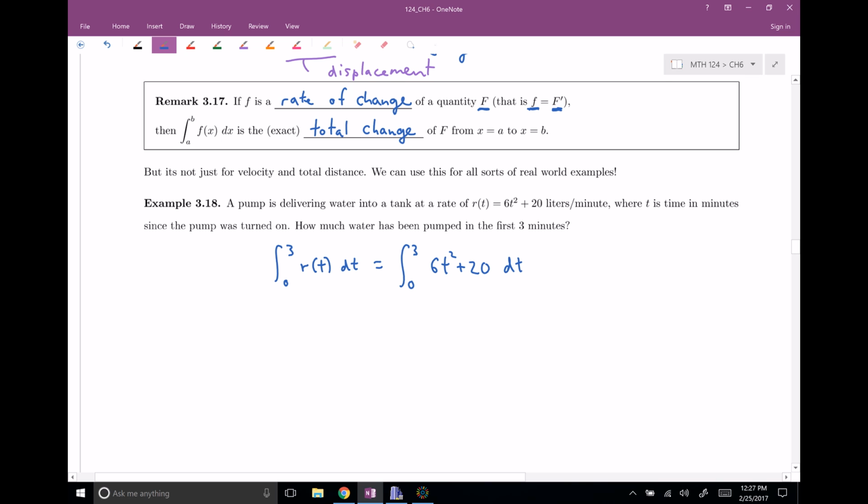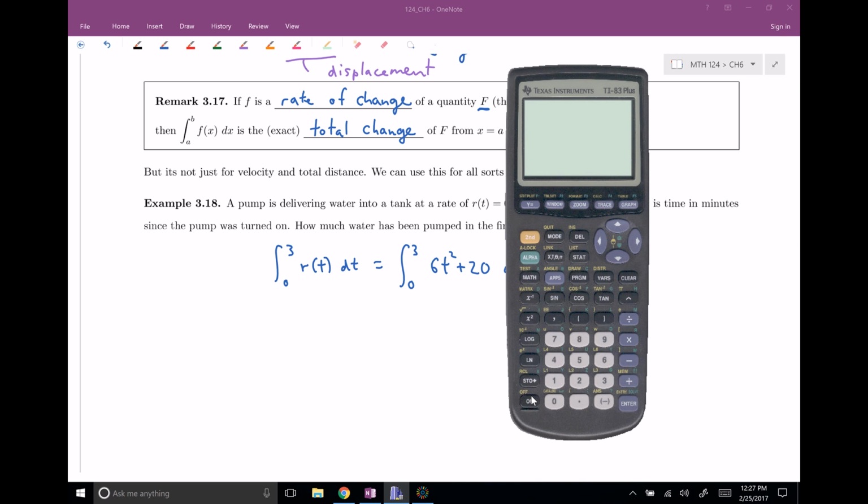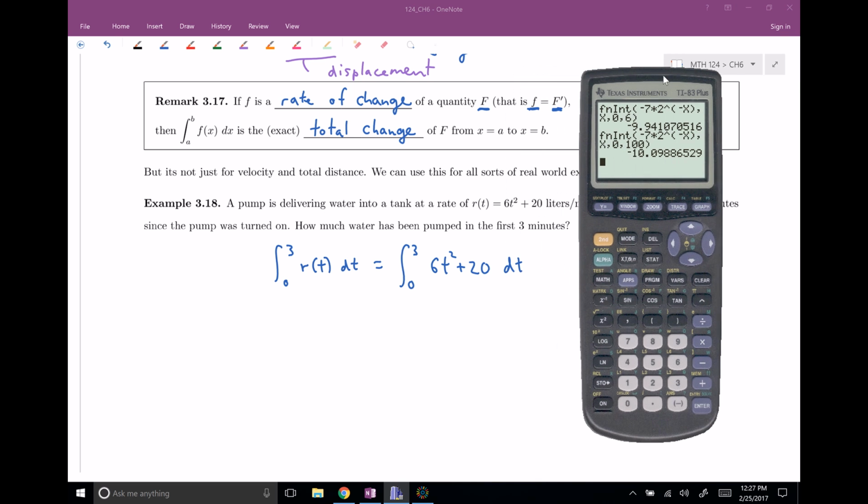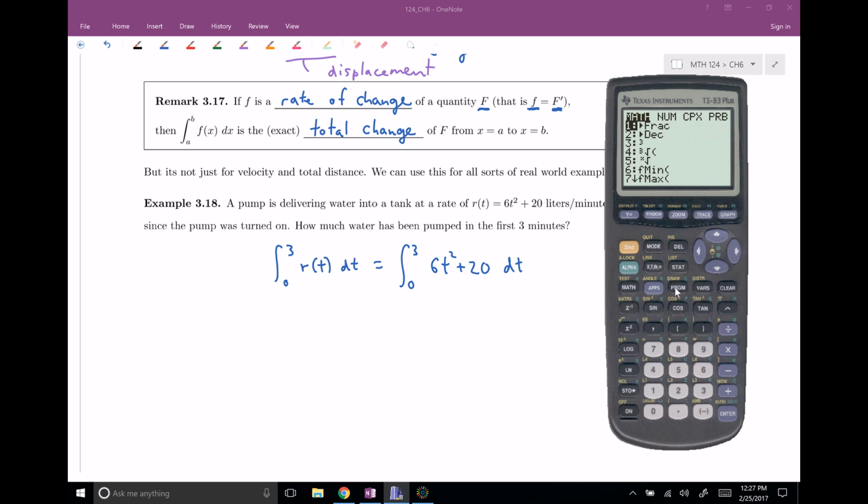And again, we're going to get the actual answer using our calculators. So I'm going to bring out our calculators again, and I'm going to use fnInt, so math, all the way down, number 9, I guess. Fnint, and we have 6 times, and remember we're going to switch these t's to x's because that's what our calculator understands.